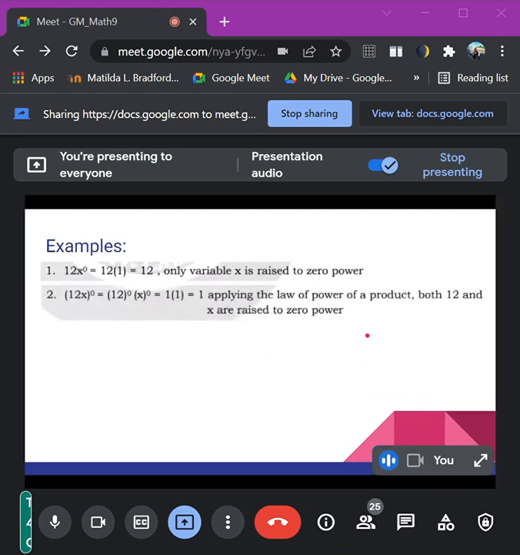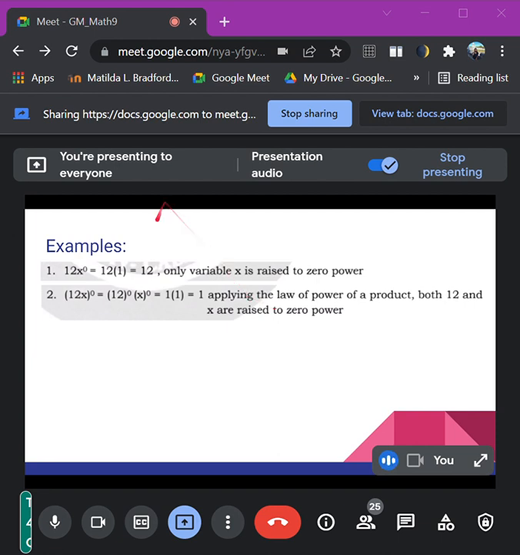So we have there 12x raised to 0. This is what we call a power of a product. So you have there the quantity 12x, and then raised to 0, that is equivalent to 12 raised to 0, x raised to 0. Remember, the constant and the variable can be separated in multiplication.